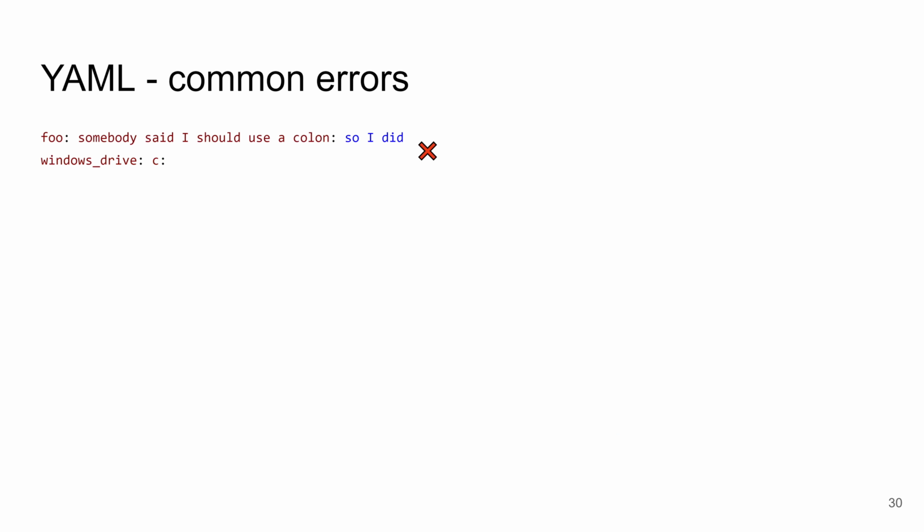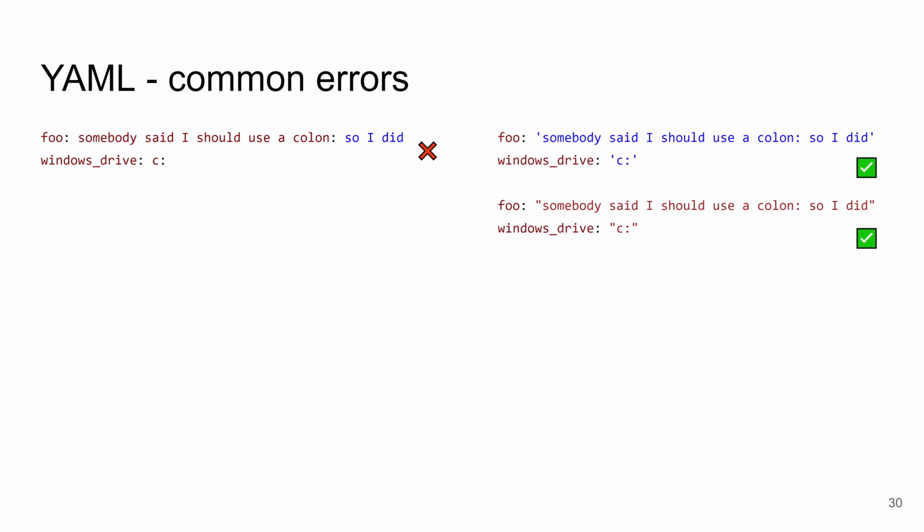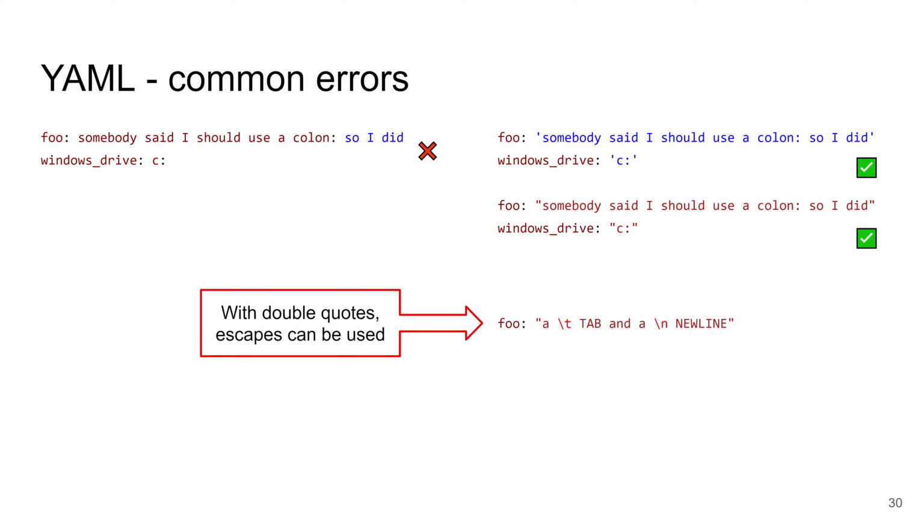If you want or need to represent a colon in a value in YAML, you need to surround that value with quotes, either single quotes or double quotes. And again, with double quotes, you can use escapes for tabs or new lines, whereas with single quotes, the escapes do not apply. So there you can easily represent backslashes and so on, but they won't count as escape sequences.